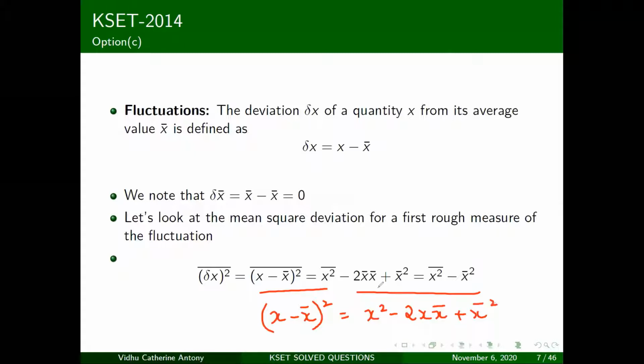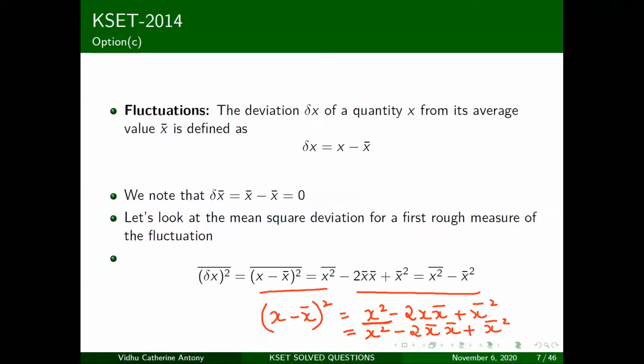Now, when you take the average throughout this whole thing, what do you end up getting? You have the average of x squared, minus 2 x bar times the average of x. When you take the average of an average, it's going to be the average, so x bar is the same. Plus you have x bar squared here, and when you take the average of that too, it ends up being the same.